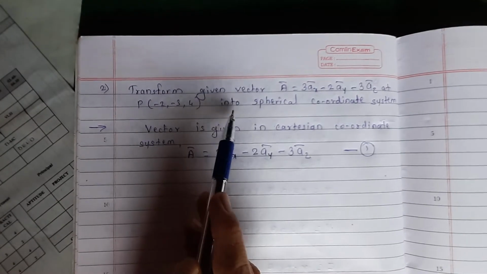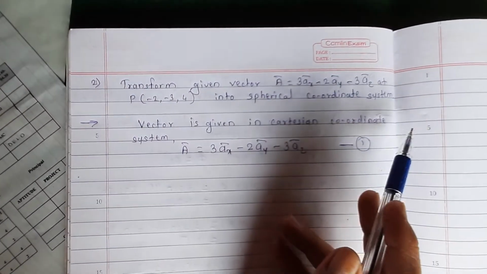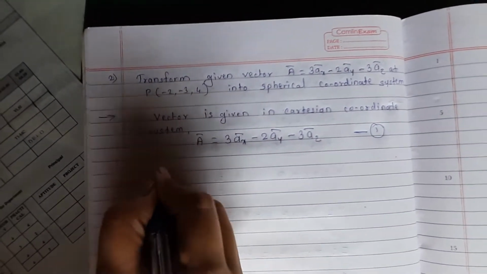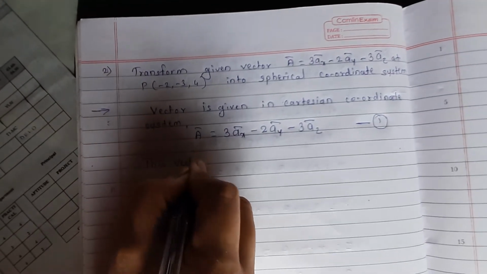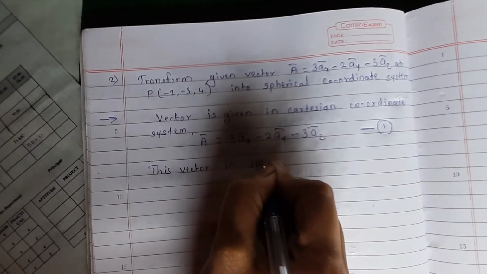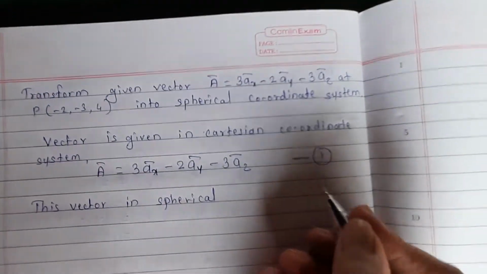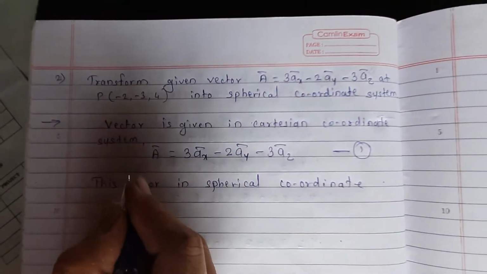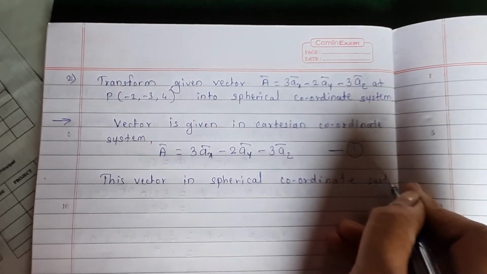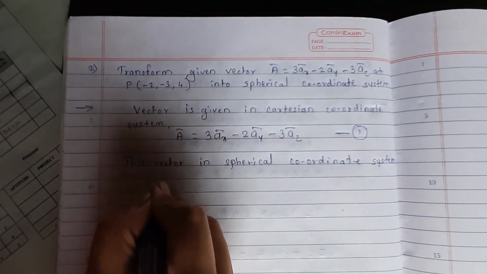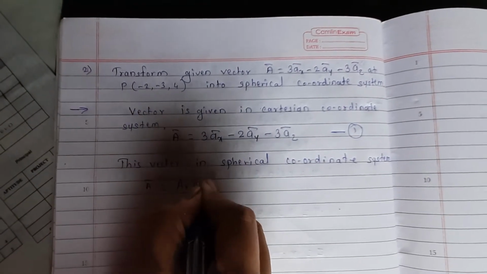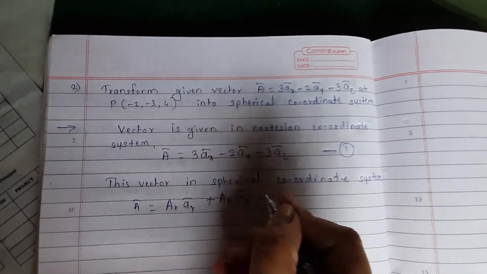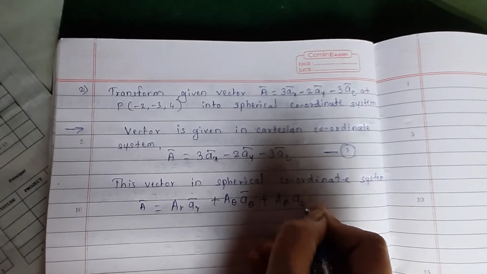Now we have to find the vector in the spherical coordinate system. The general expression for spherical coordinates is, so this vector in spherical coordinate system can be written as A bar is equal to Ar Ar bar plus A theta A theta bar plus A phi A phi bar.